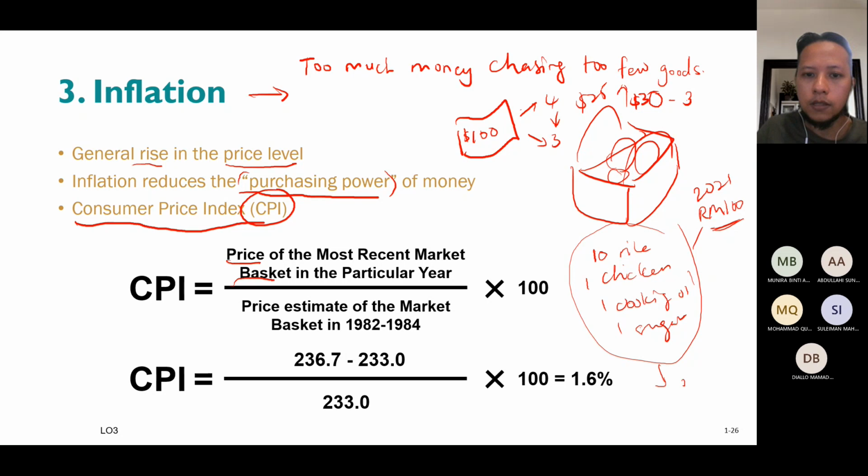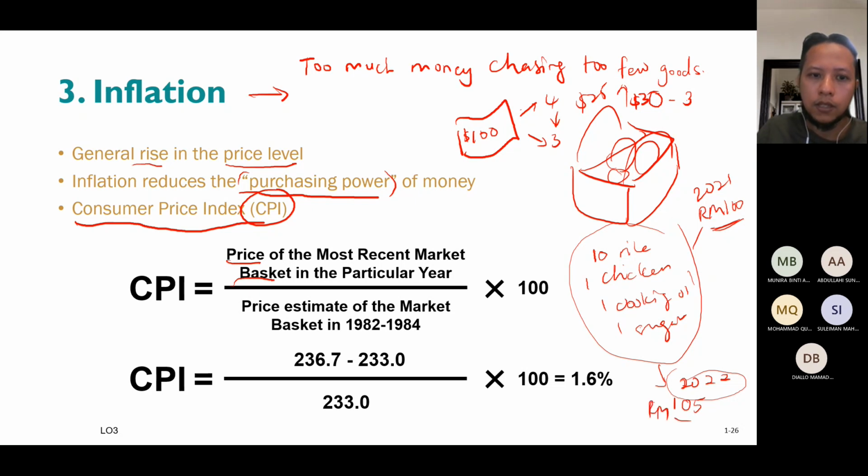So in 2022 they take 10 kilos of rice, one chicken, one cooking oil, one sugar, and they see the price has increased from 100 to 105. Then you can calculate the CPI. The recent figure in terms of the price of the most recent market basket is 105.